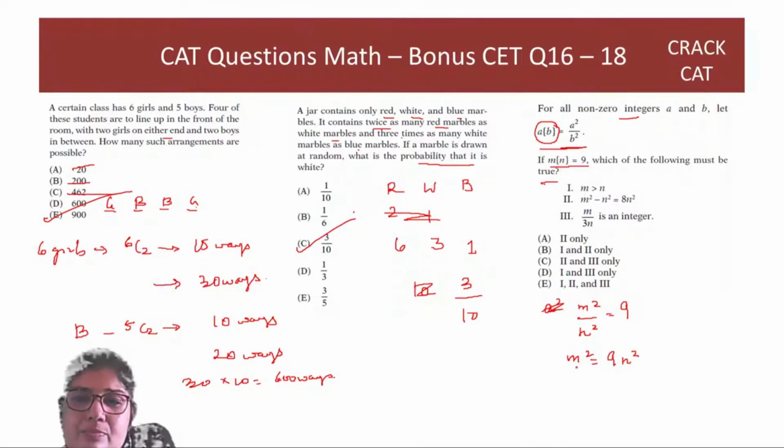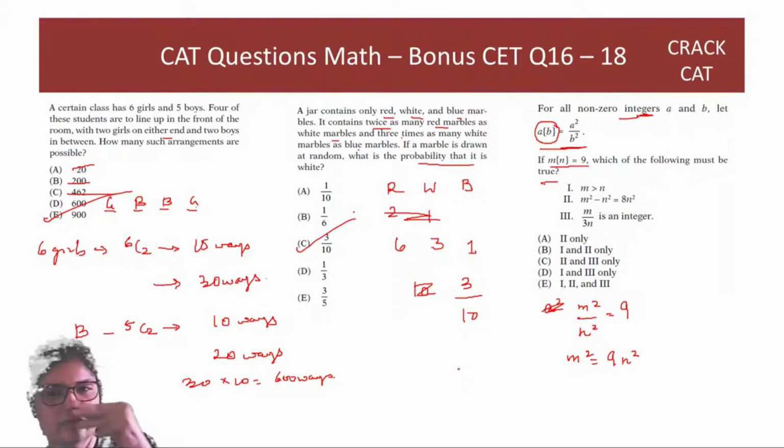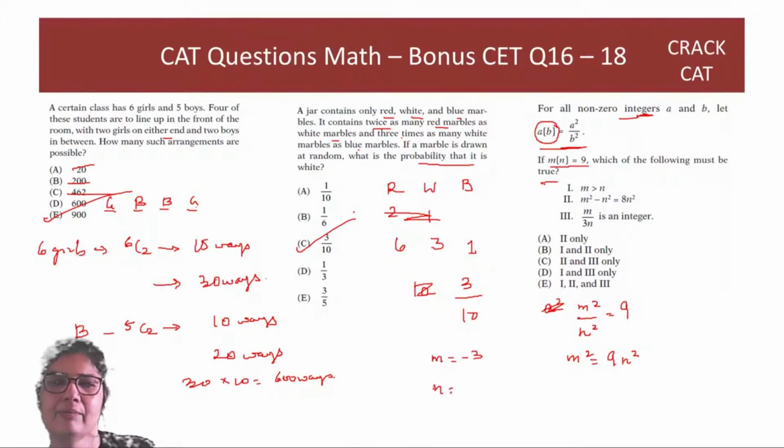Right? Does this mean m is greater than n? They are non-zero integers, so m can be negative also. So for example, m can be minus 3, n can be plus 1, and this equation will be true. So m need not be greater than n, 1 need not be true.